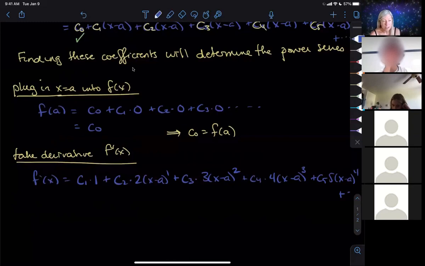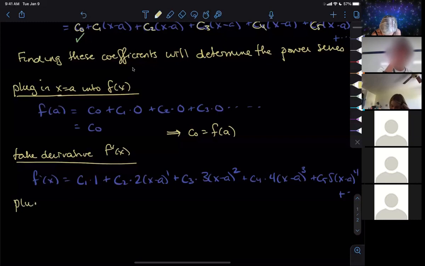Now that we've done that, we can do the same thing we did before. We can plug in a. When we do, all the rest of these things go away again, and we're just left with the constant term. So plug in x equals a, now to f prime.